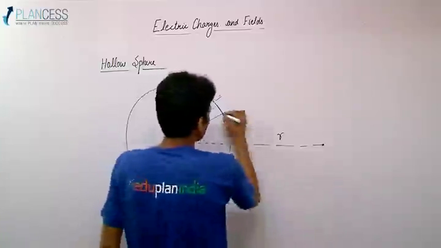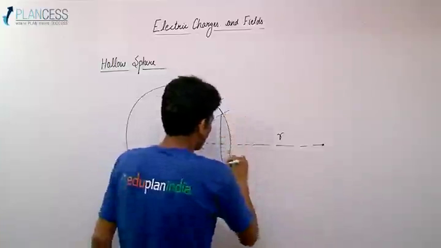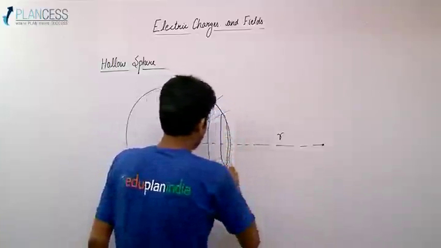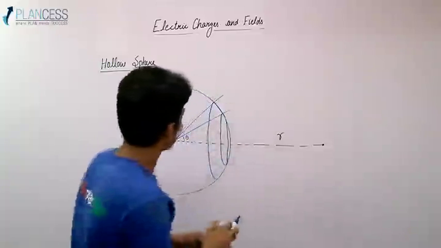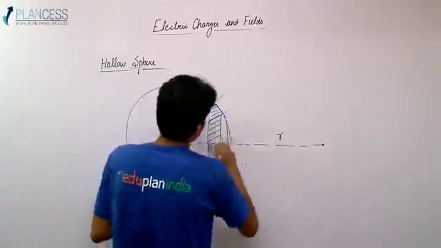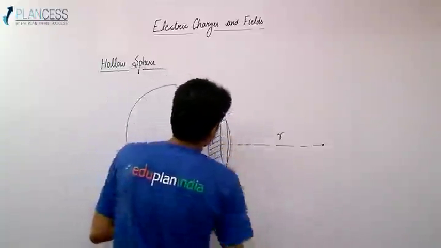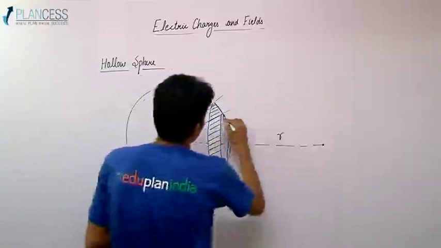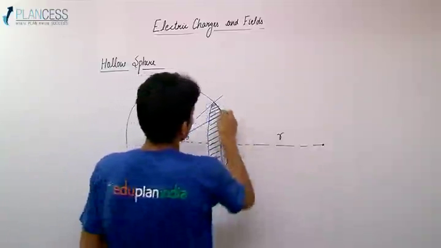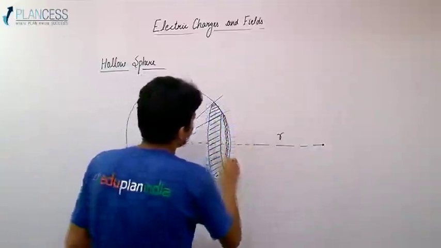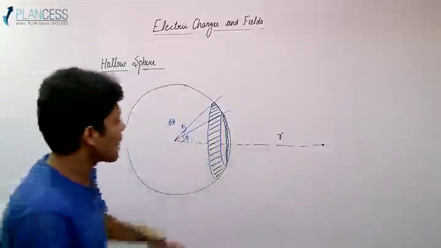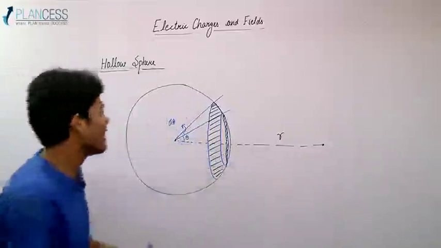So this is the element of arc subtended by the angle d theta. As you can see, this basically is the ring element which you have to consider to calculate the value of the electric field at a distance r.